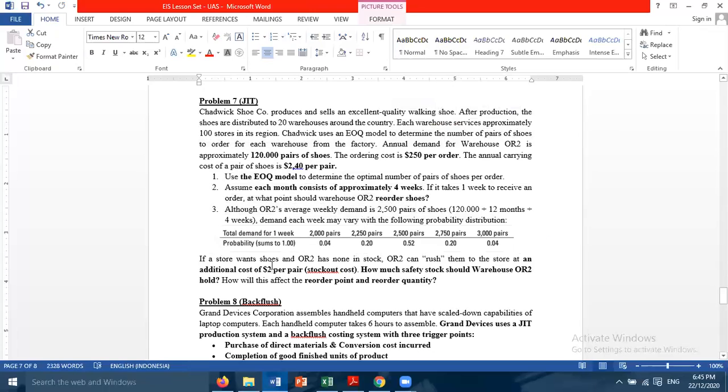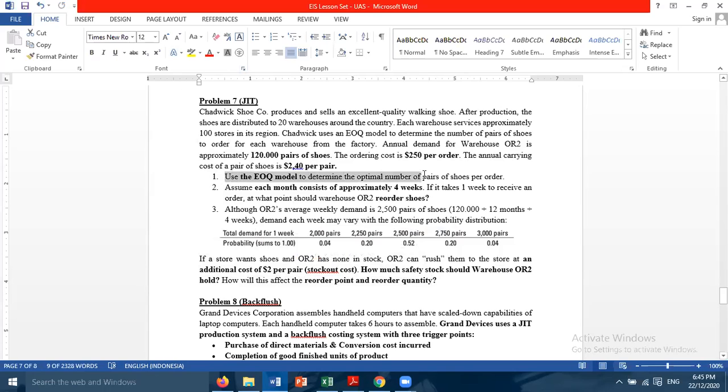If a store wants shoes and OR2 has none in stock, OR2 can rush them to the store at an additional cost of $2 per pair, this is the stock out cost. How much safety stock should warehouse OR2 hold? How will this affect the reorder point and reorder quantity? Okay, so this problem 7, let's tackle it one by one.